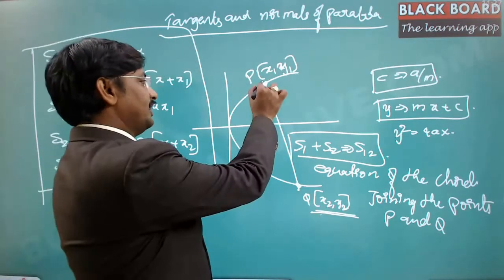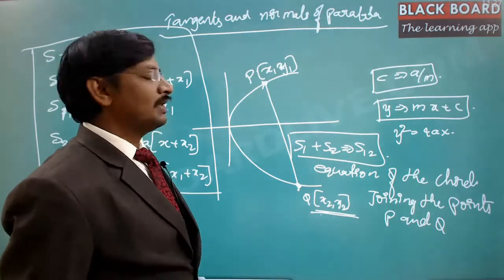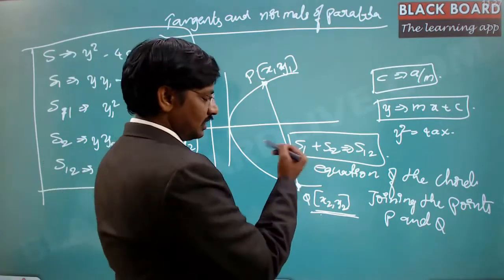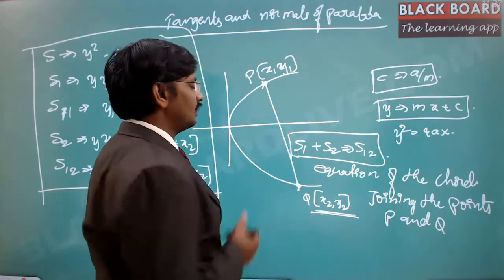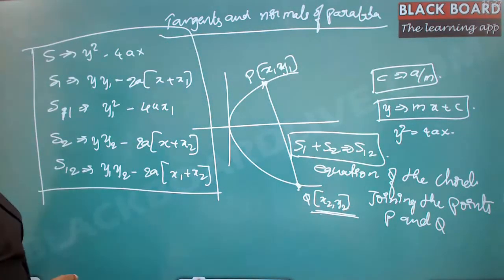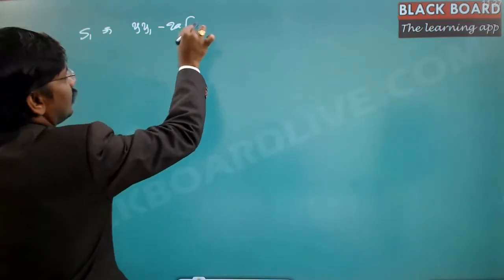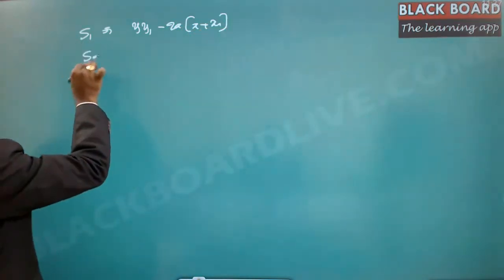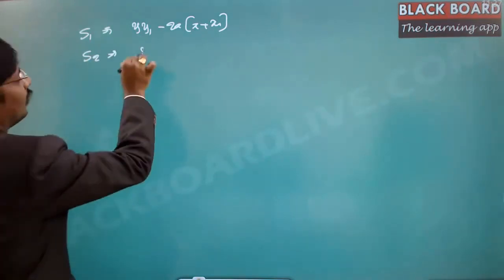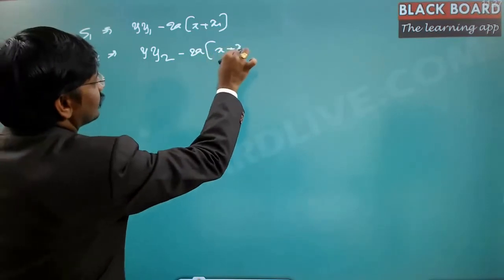Now let us say there is one point which is located at x1 y1, and for that the S1 value. So here this is the condition that we are thinking of. So S1 is equal to y1 y minus 2a into x plus x1. So this is S1. Similarly, S2 is equal to y2 y minus 2a into x plus x2.